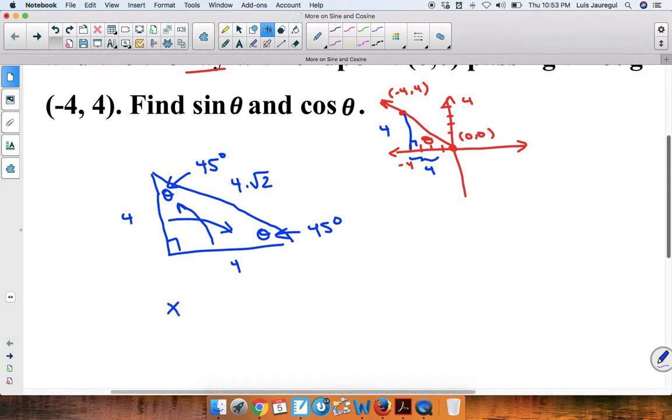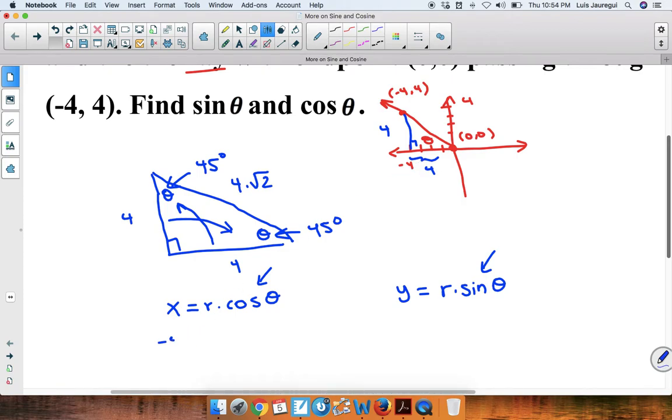Recall that x is equal to r times cosine of theta, and y is equal to r times sine of theta. Our ultimate goal is to get the cosine and the sine by itself. When it comes to x, your x coordinate was -4.